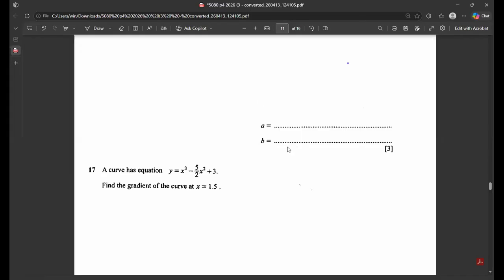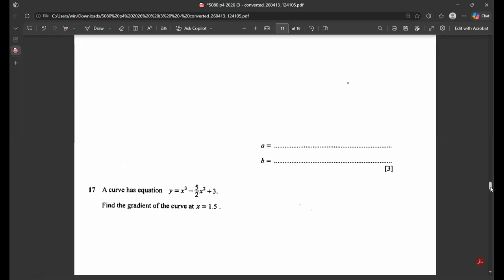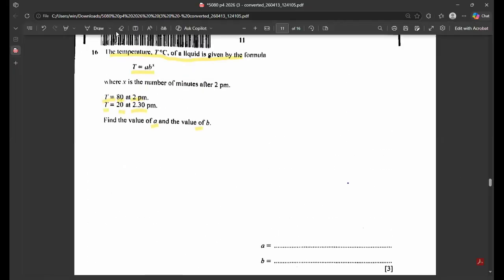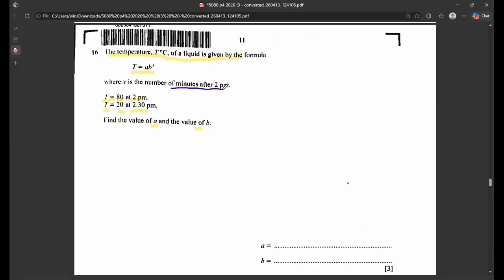He said that after 2 p.m. we can start, so x at 2 is equal to 0, and at 2:30, x is equal to 30.